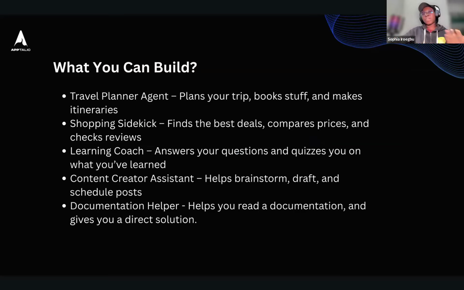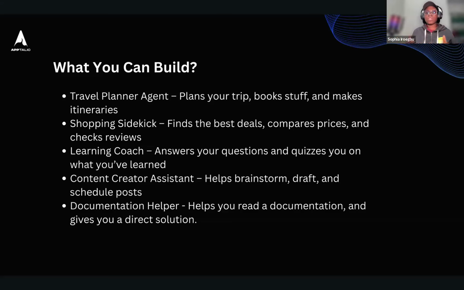For example, if one basic thing that you struggle with is having to plan your trips, you can build an agent that literally plans your trip, books whatever you want to book, and creates an itinerary for you. Or you can have a learning coach agent that answers a bunch of questions or quizzes, or talks to you like a language tutor would.